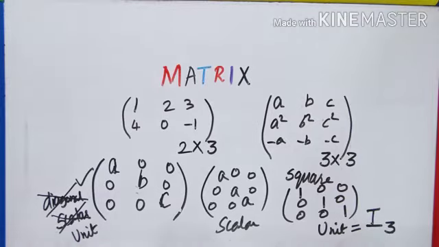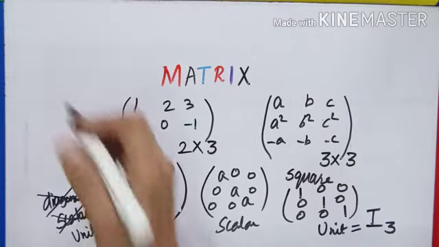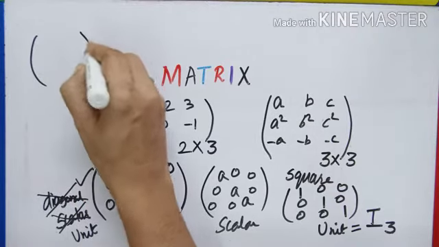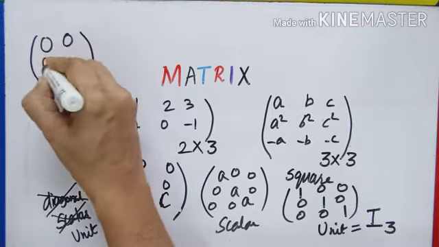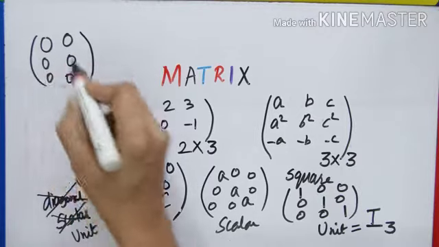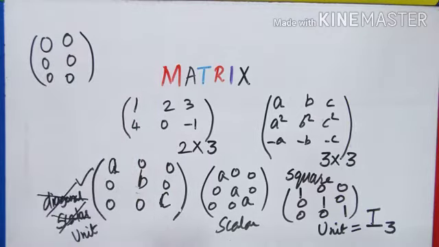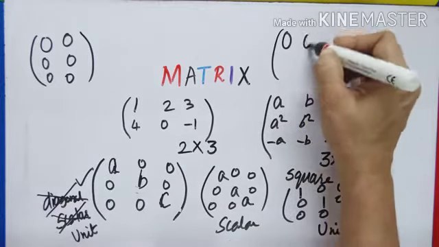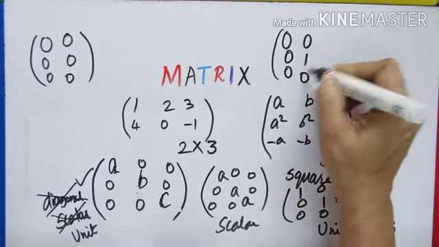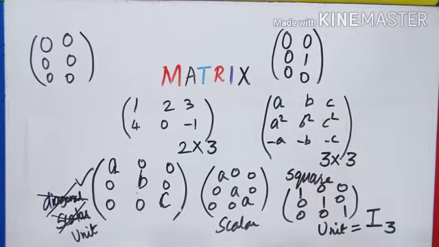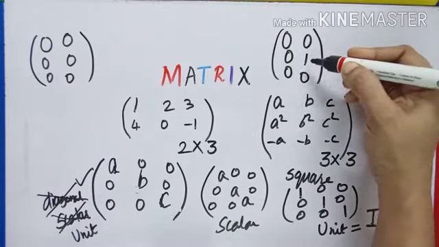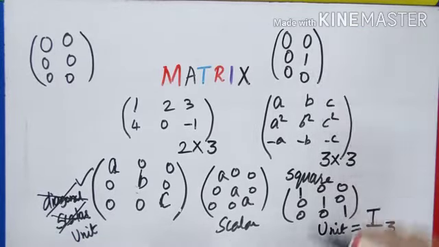When I say unit, there is a question whether there is a null matrix. How do you write the null matrix? We take all the elements to be 0. There is not even one non-zero element. What about this matrix? Is it 0? No. There is at least one number present. A non-zero element is present.